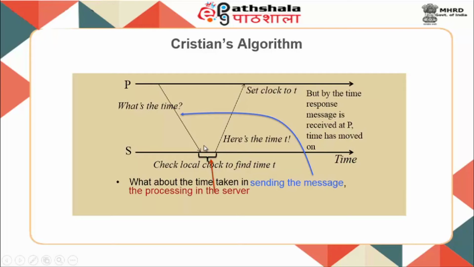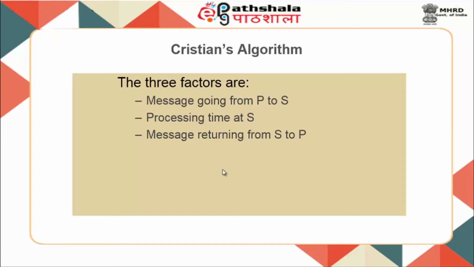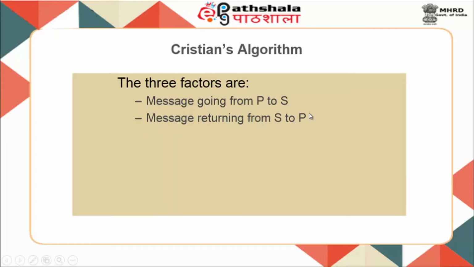Then there is the processing time, the time spent for the server to look at the time and send the message, and the third is the time taken to send the message back. So, we have the message sending from P to S, the processing time at S, and the message sending from S to P. Here the processing time is quite negligible, because that is the time server and its job is to do this. So, we can ignore that, but the other times we cannot ignore, and this is called the round trip time, or RTT.